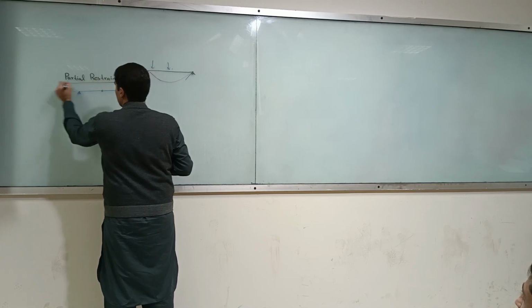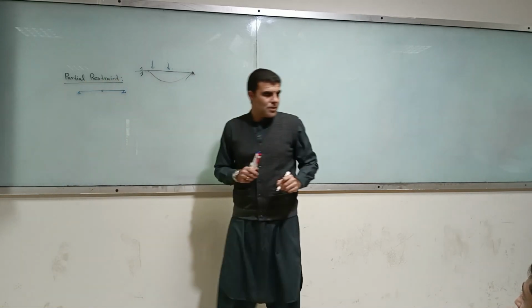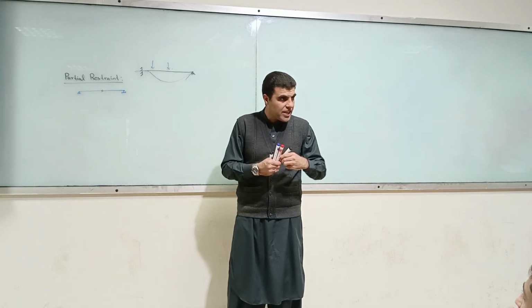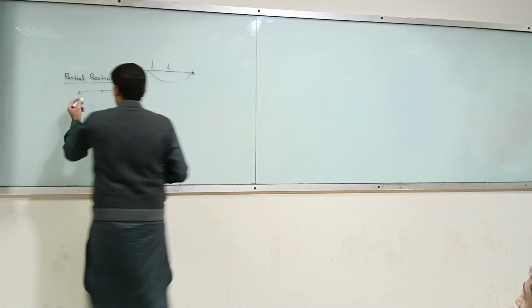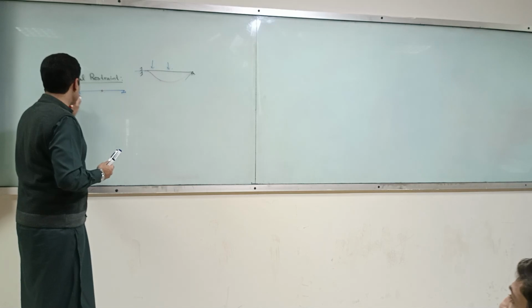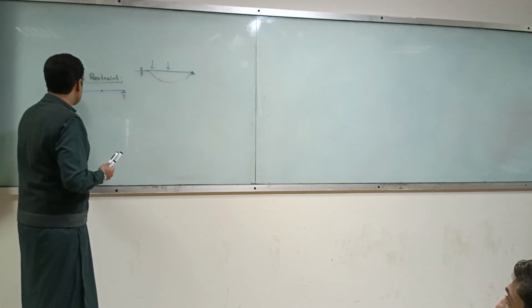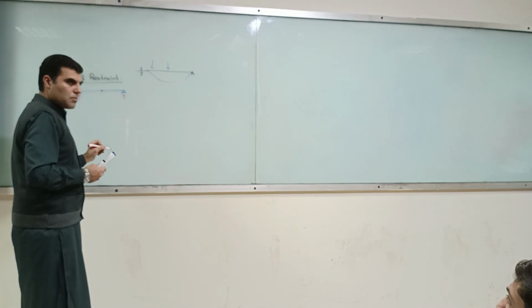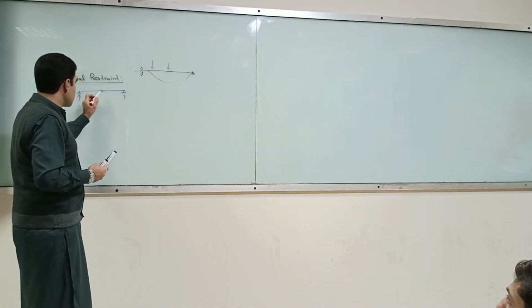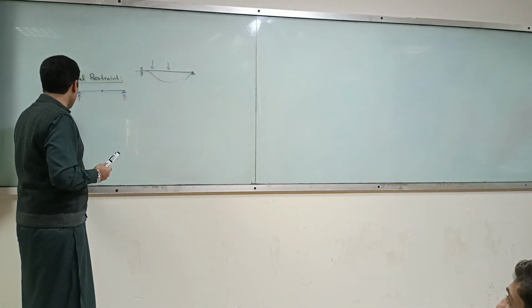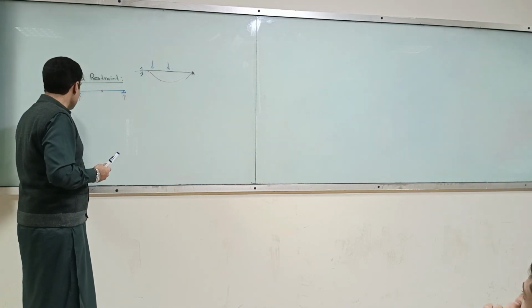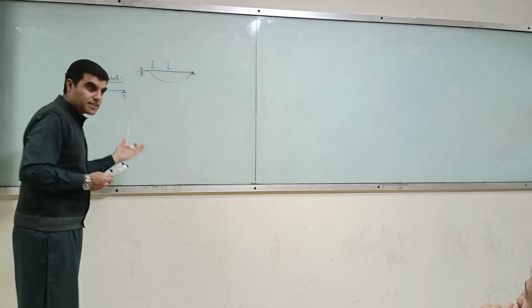But the reactions are equal to equations? No, the reactions are not equal to equations. How do you say so? What reactions? You have 4 equations, and the number of unknowns is 3. So this is an unstable structure.